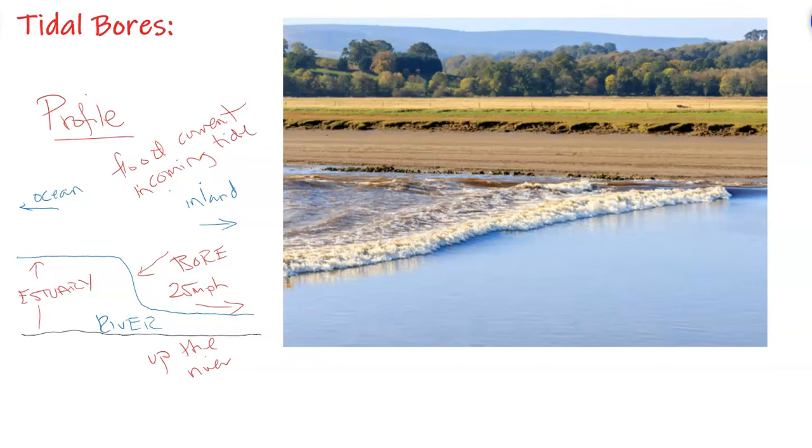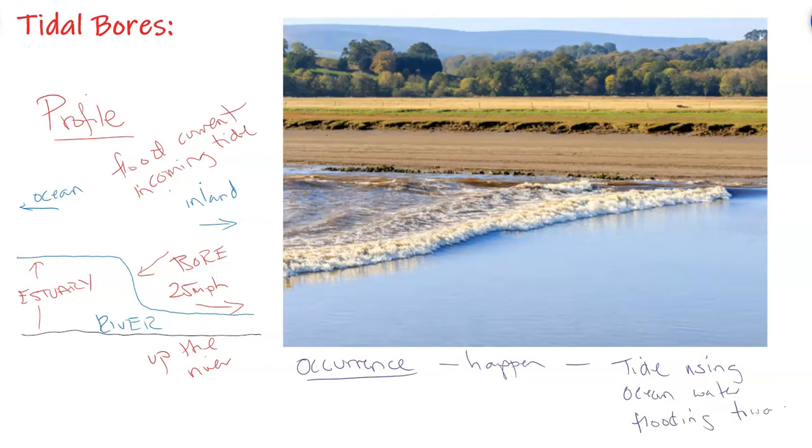So in terms of occurrence, when do these happen? Well, they happen when the tide is rising and the ocean water is flooding back towards the land. And in terms of rivers, it can go up the river.